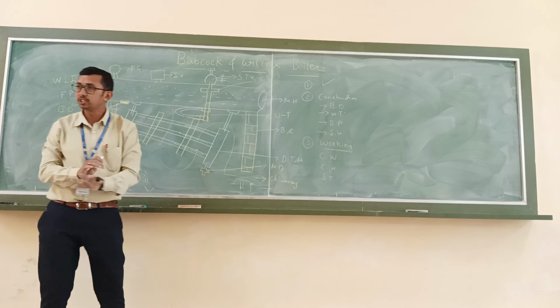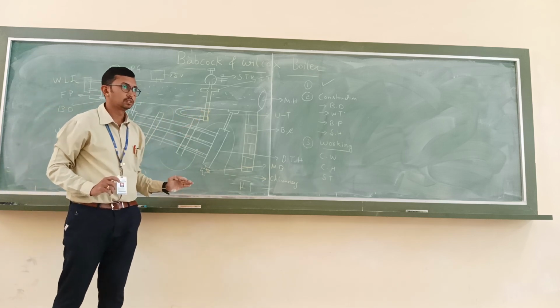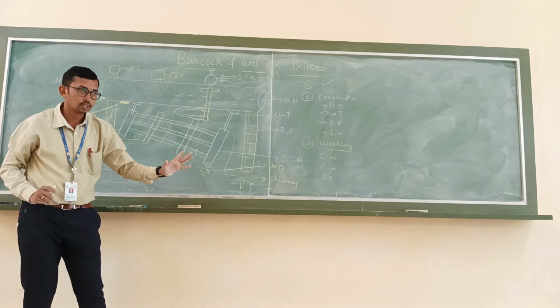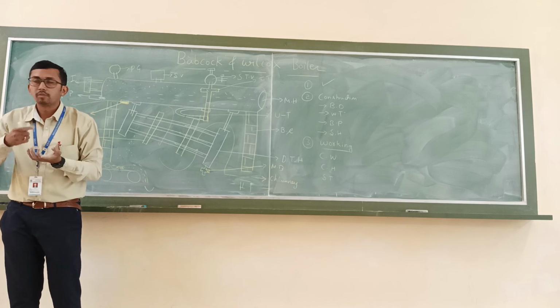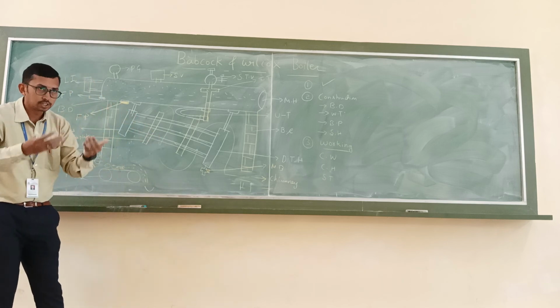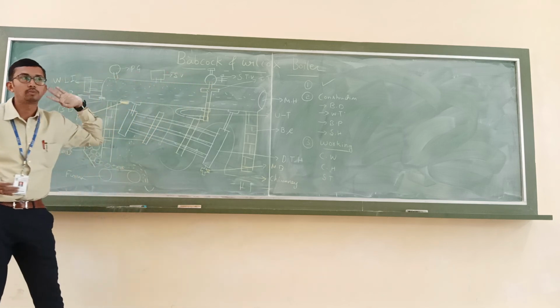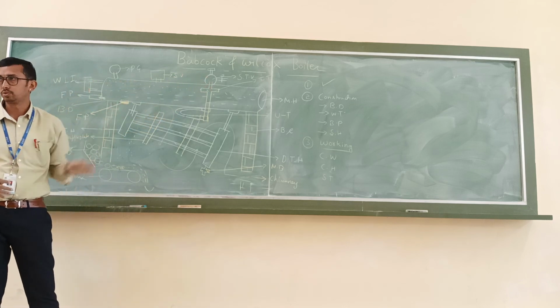Okay, that is the circulation of hot gases. So during the circulation of hot gases, the water extracts the heat and it will be converted into steam. And the steam that is generated will be stored in the steam space of the boiler. So this is the steam space where the steam will be.